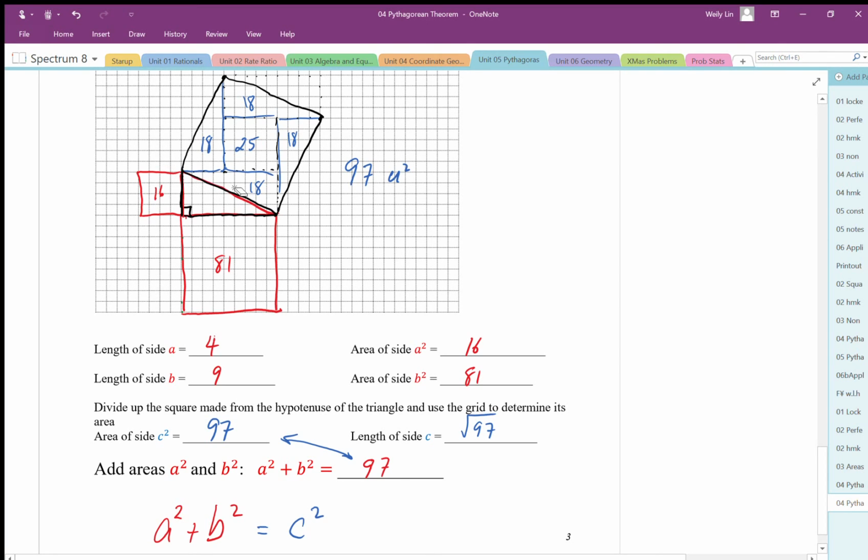For one thing, it's a diagonal, so we can't count along the grid anymore, and it's not necessarily a nice number to calculate. Like in this case here, square root 97 is a really messy number. But this relationship allows us to calculate the length of that side.